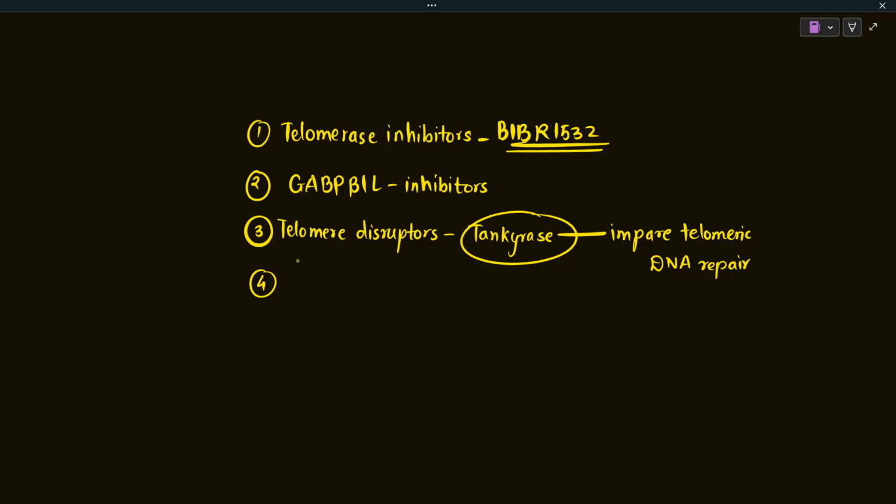Then we can also use immunotherapies against telomerase, such as a peptide vaccine that can elicit anti-tumor immune responses. There is one called GV1001.